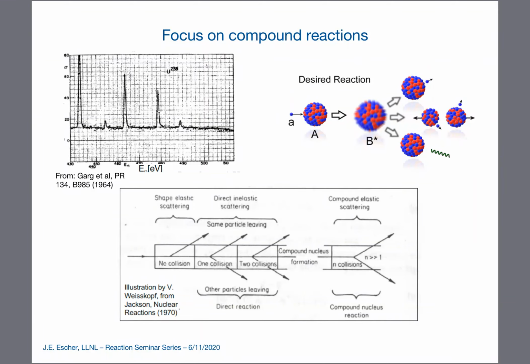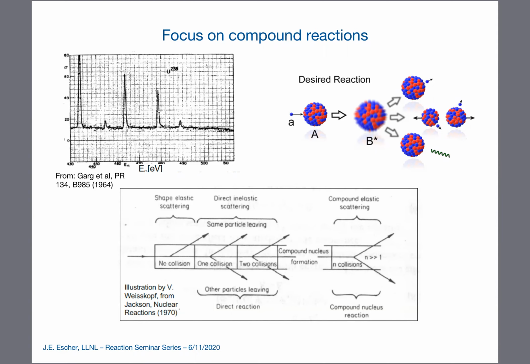It's a relatively slow process, and the end effect is that we have an equilibrated compound nucleus that lives very long. And this has been known for a long time, as the pictures in the upper left-hand panel here show. Early experiments demonstrated that there are eV-wide resonances formed in low-energy neutron reactions, for example. And this compound nucleus lives for a long time.